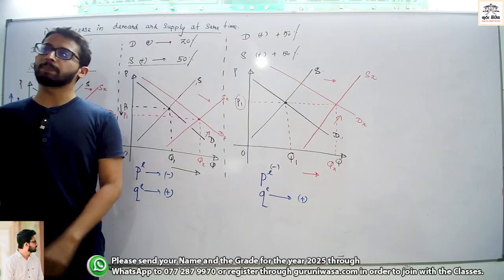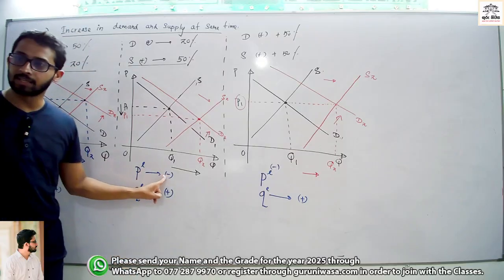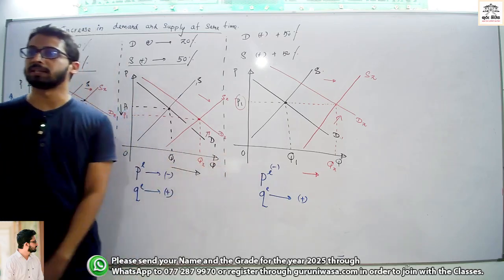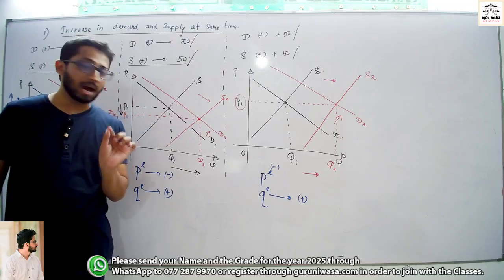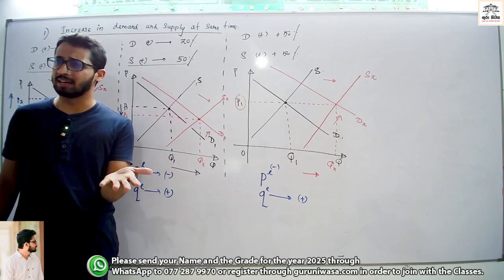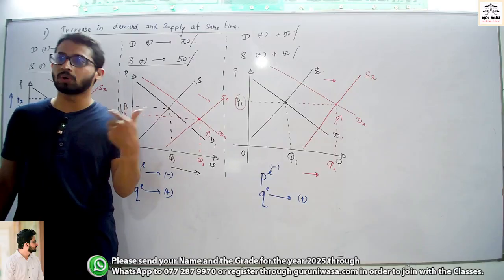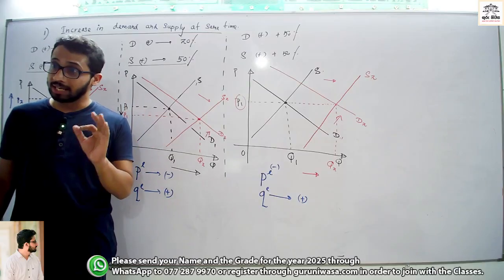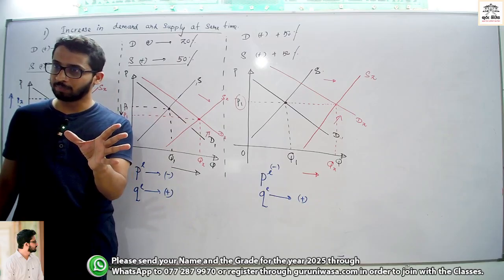What about equilibrium price? Here it increases, decreases, or remains constant. So this is called change in equilibrium price is indeterminate. What does it mean? We cannot say whether it will increase or decrease. It depends on which curve shifts more. Did you get the point?